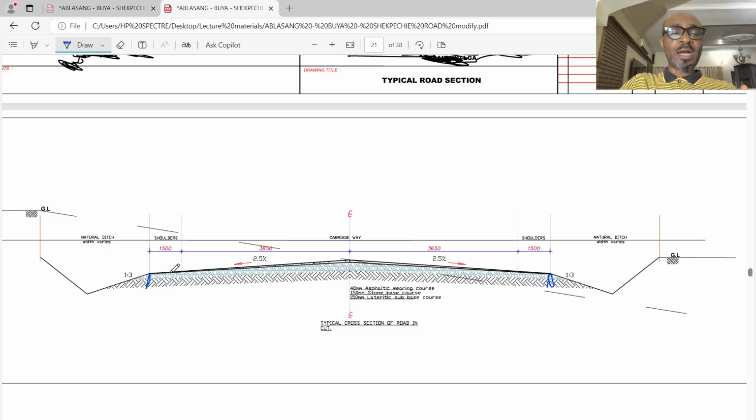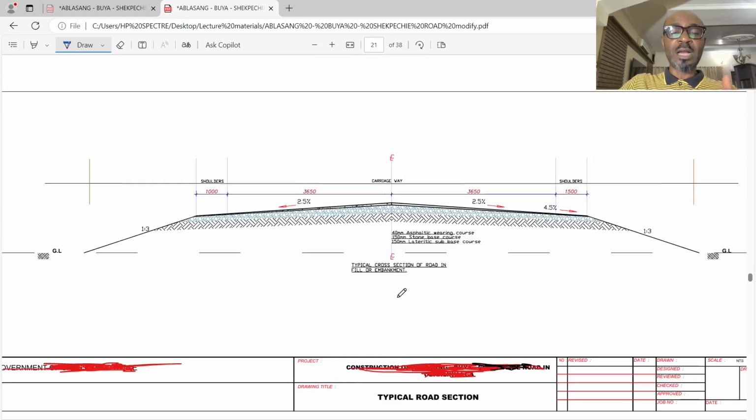So at a point, for you to get the cross sectional area, you take them separately by computing the midsection before you now compute this other right angle triangle on both sides, for you to now get your total square area multiplied by your distance to now have your cubic meter of the soil that you're either going to cut or you're going to fill. So that is why this ratio will be used when I am computing these two angles.